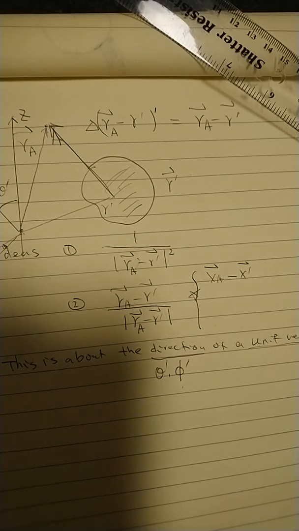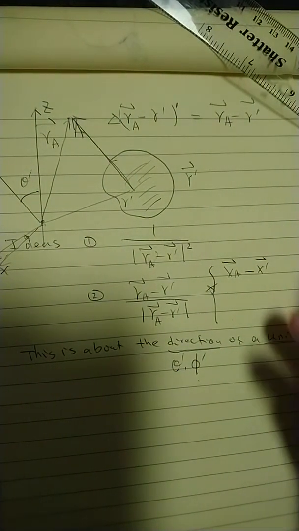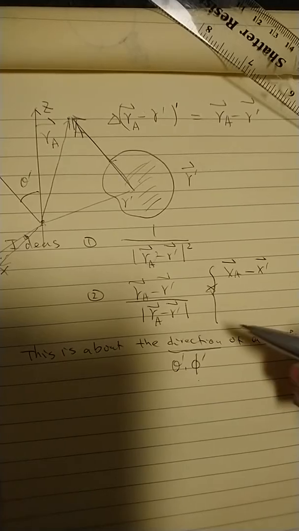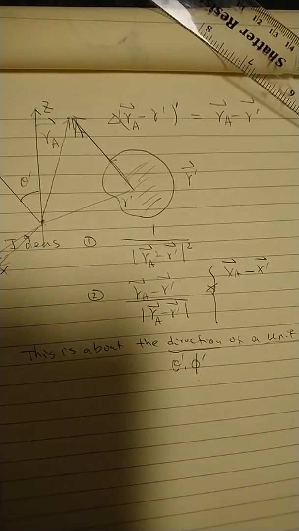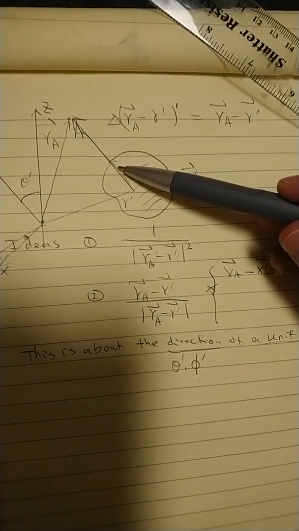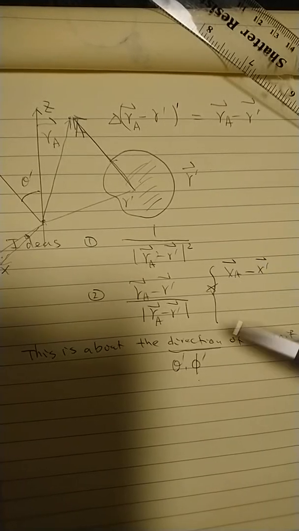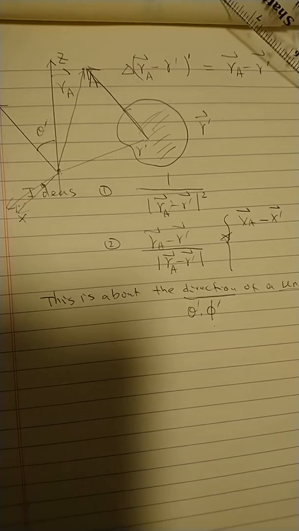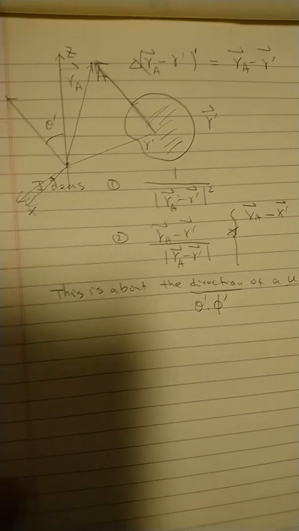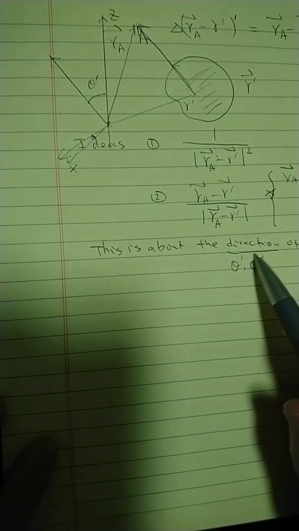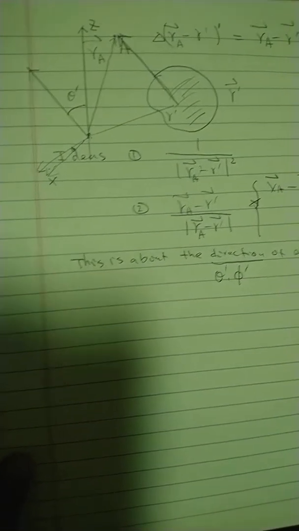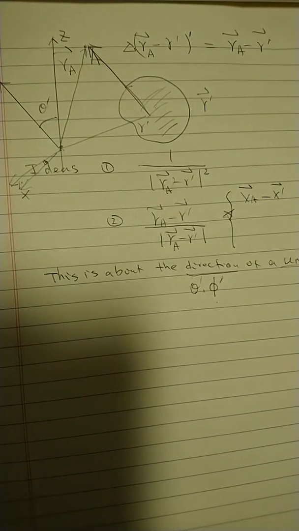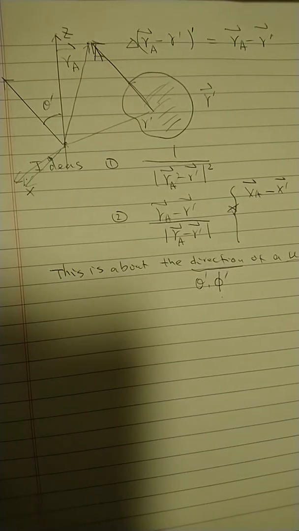And then when you do the integral, well, good luck. You can find out if this integral is possible. But if you have a system that's spherical, you definitely need to convert this to theta and phi. Sometimes in a non-spherical system, we still use spherical ones because that allows us to do the integral easily. So this is the direction you figured out. Whenever you have this situation, you figure out the direction like this.